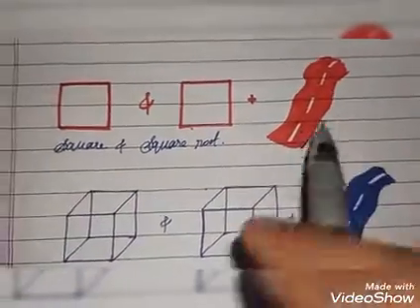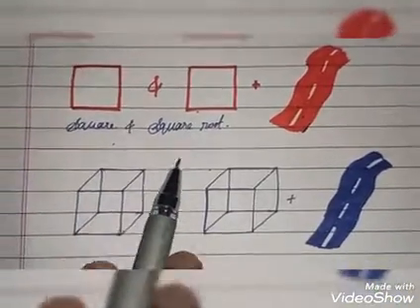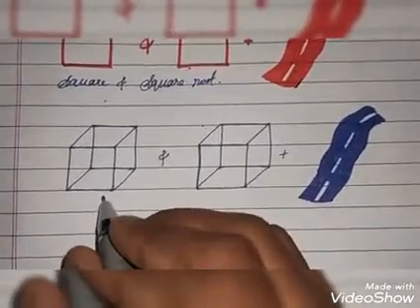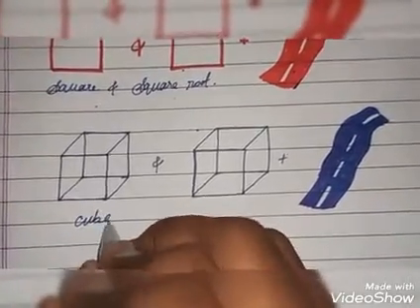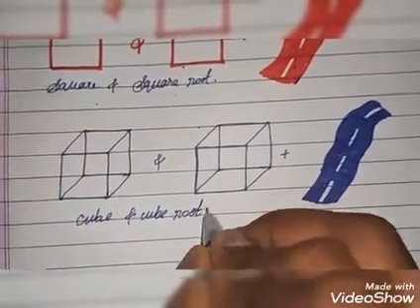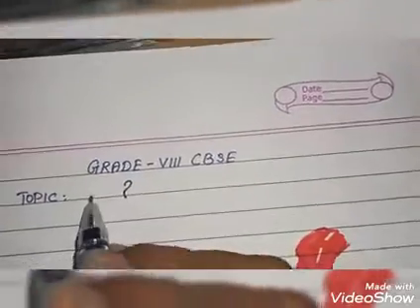You already learnt what a square number is and how to find the square root. And here, what is this shape? This is a cube. So today we are going to learn cube and cube root.